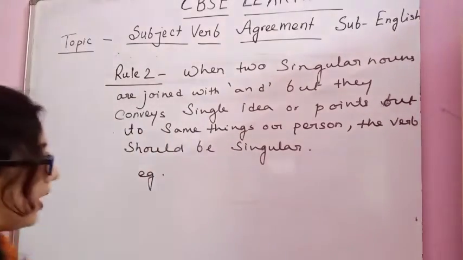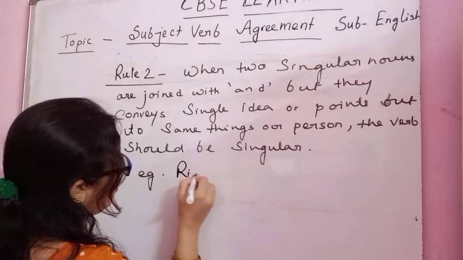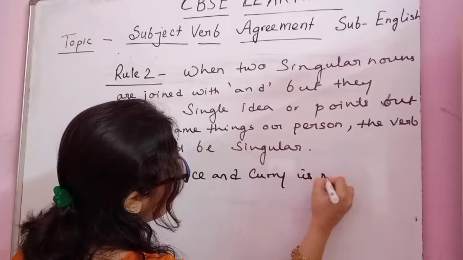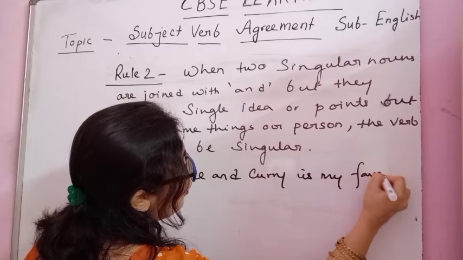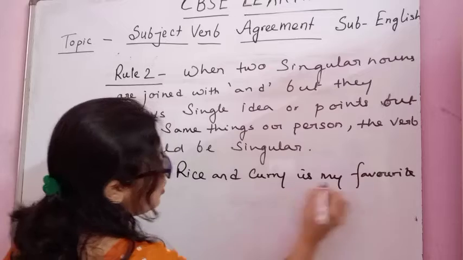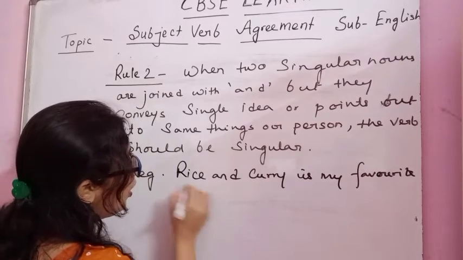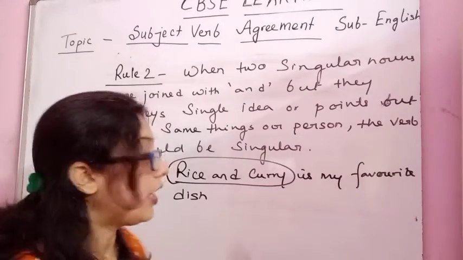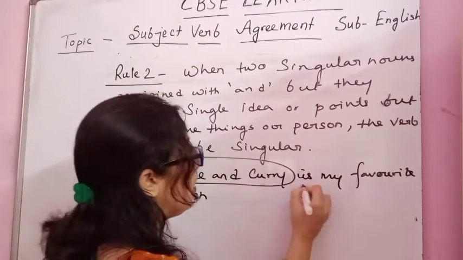Now for example, see, rice and curry is my favorite dish. Here we are using rice and curry as a single dish, that is why we use "is".